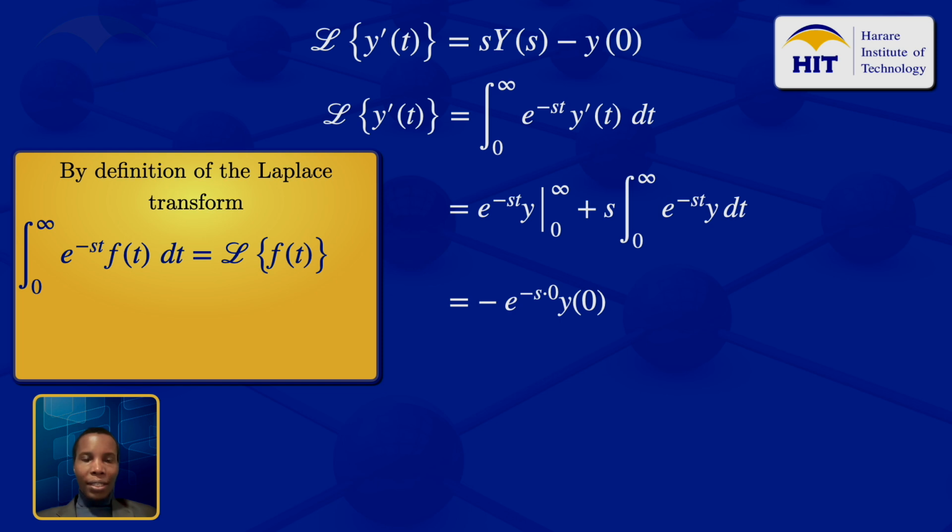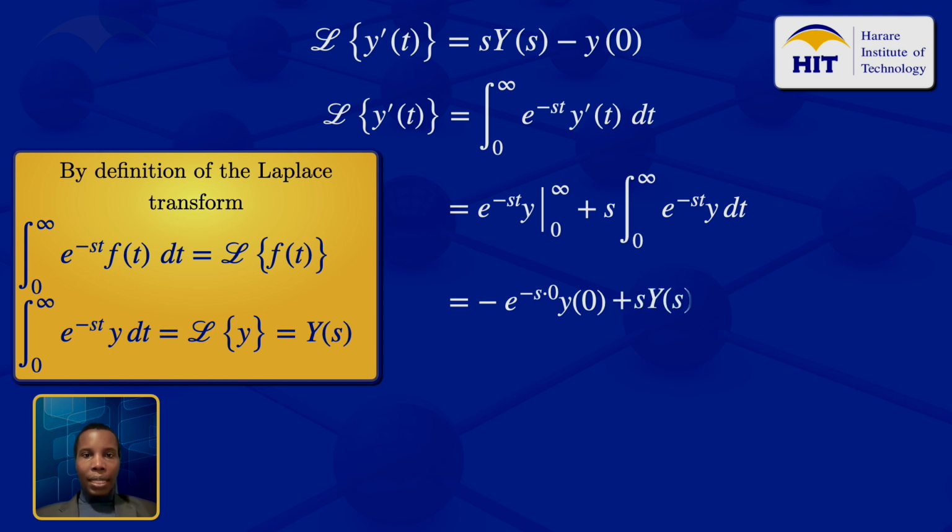So what you are finding there is the Laplace transform of y, which we can write as an uppercase Y. We say Y is a function of s, just because a Laplace transform is a function of s. So we write the Laplace transform of y as Y of s, an uppercase Y. So it will be plus s multiplied by Y of s.